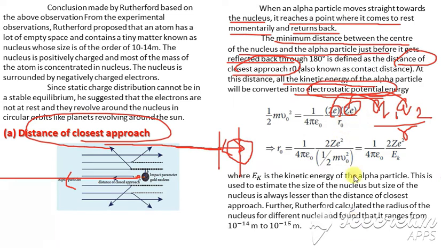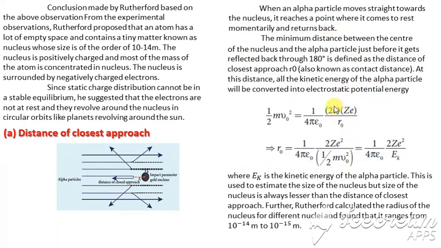Here e into e becomes e square. Then bring r naught to this side, and the 2 goes to the numerator so that it becomes 4.